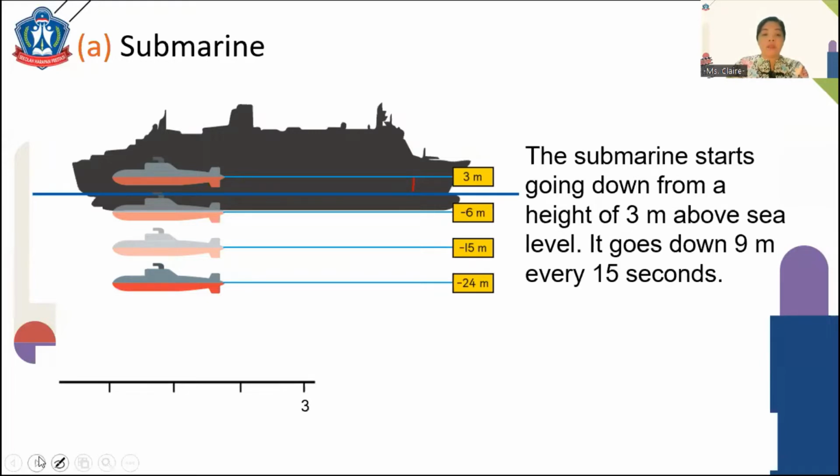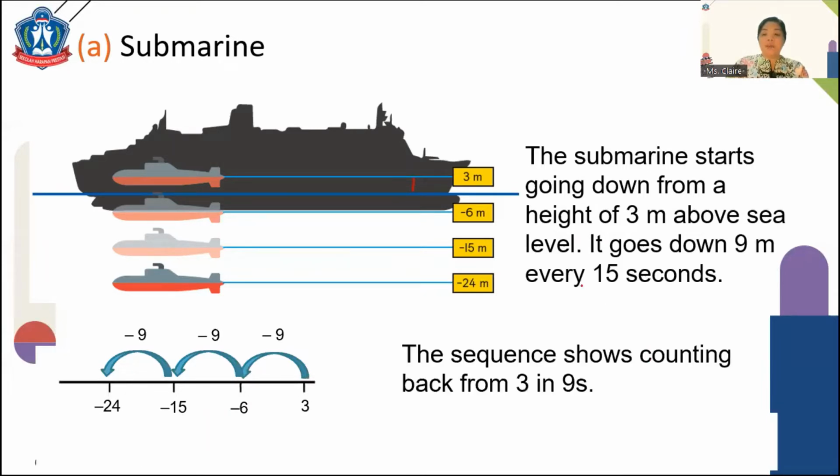So from 3 meters, it goes down 9 meters. It means we will subtract 9 from 3. It means our answers become negative. So 3 minus 9, that is negative 6. Then minus 9 again, that is negative 15. And minus 9 again is negative 24. So after 15 seconds, or after 45 seconds, the sequence shows counting back from 3 in 9s, right?